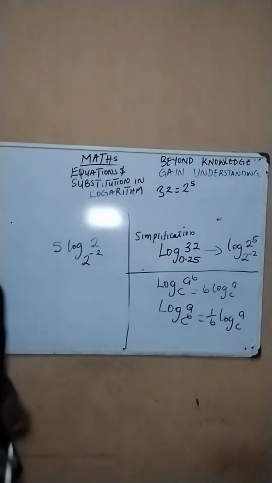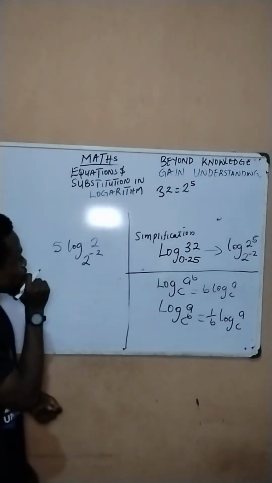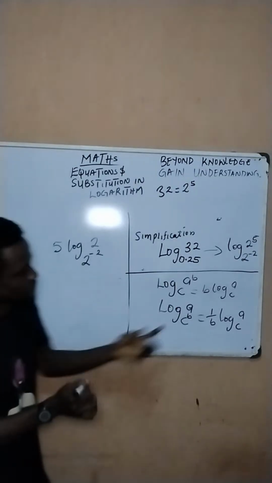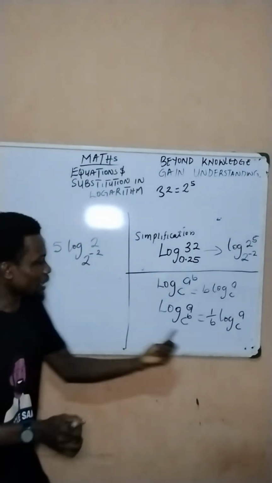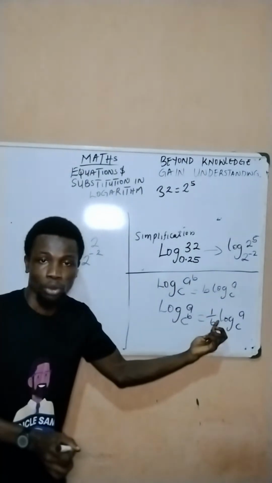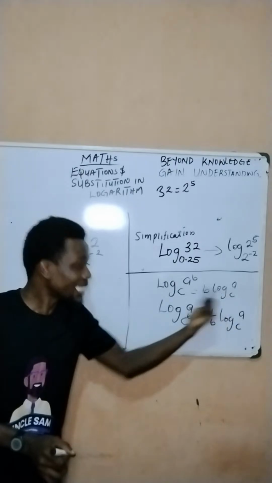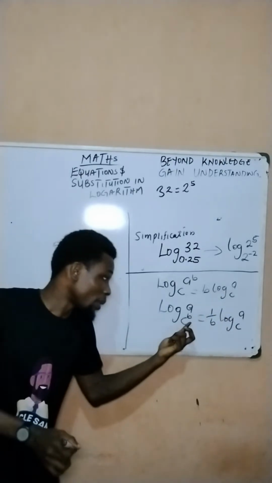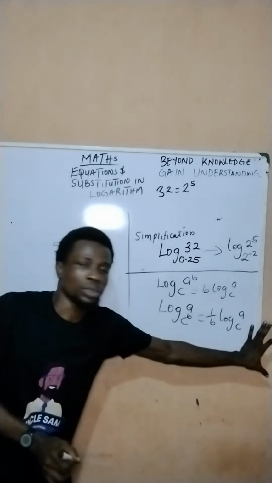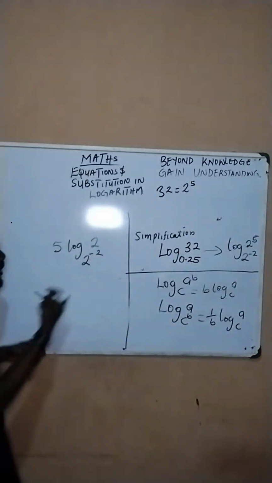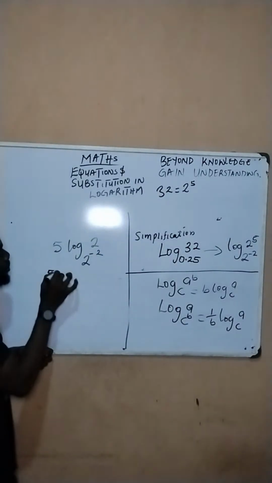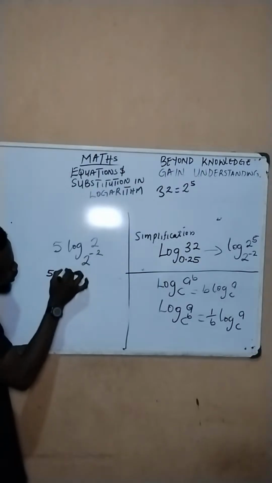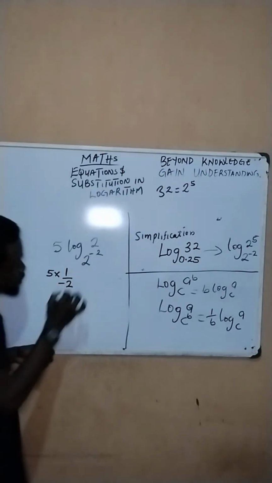I appreciate that. So at this point, what we have is this. And then remember what I said here. If it's the base that has a power, what is going to happen? The coefficient is going to be the inverse or reciprocal of the power of the base multiplying the log. So this is the same as saying 5 multiplied by 1 over minus 2.